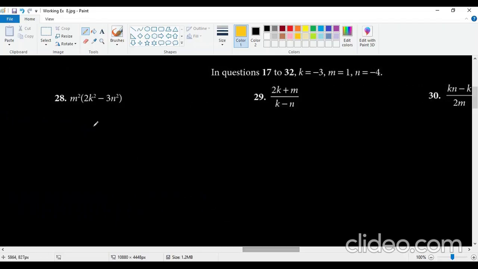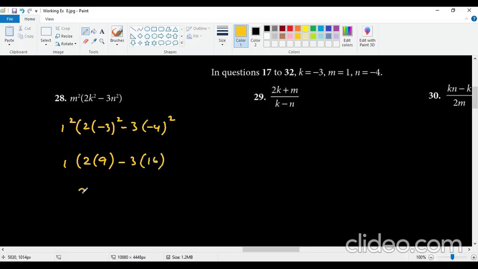Moving on to 28. M value is 1 square, and 2 times k value is negative 3, which is a square, and minus 3 n value is minus 4 square. 1 and 2 multiplied by 9 minus 3 times 16.